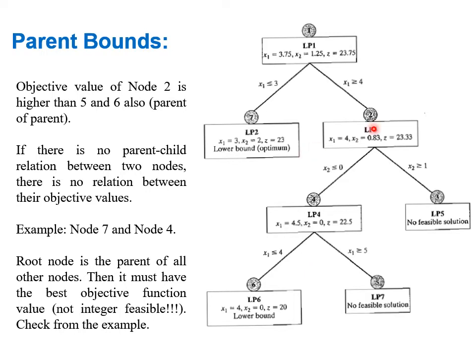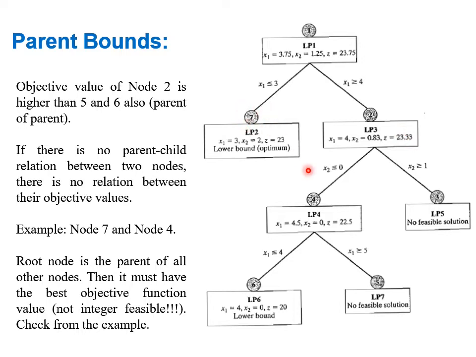So you see in this branch and bound tree, between some nodes there is no parent-child relationship. Look, for example, at node 2 and node 7. There is no parent-child relationship. Therefore, we cannot say anything about their objective function values. We cannot know which one will be greater than the other one.